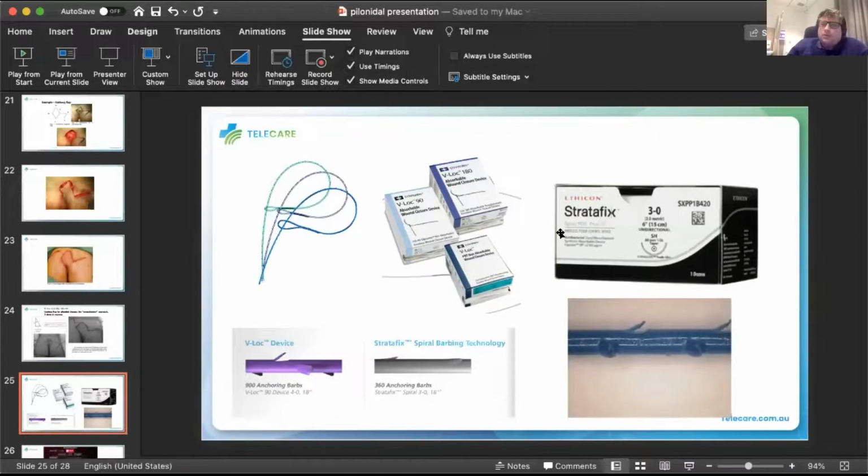You can also get these sutures impregnated now with antimicrobial material, and that's been validated in a number of settings to reduce surgical site infection complications. It's actually recommended by the National Institute for Health and Care Excellence in the UK as something to do routinely, but it's not done routinely in Australia, but it is quite helpful.